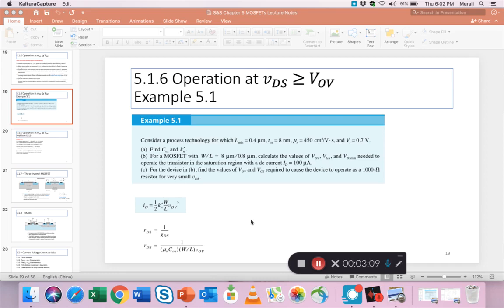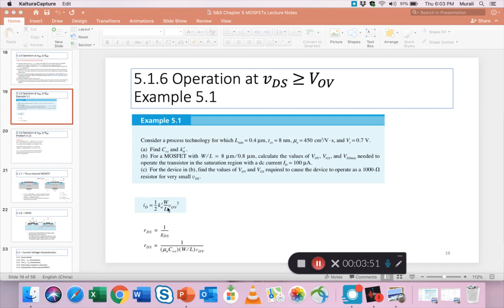So that's part A. Part B, we are given a particular DC current ID, and we are asked to calculate corresponding voltages, such as the over voltage and the gate to source voltage, etc. So this formula, ID equals half Kn prime W by L, which is the aspect ratio, multiplied by the over voltage squared. You remember, over voltage is the difference between the gate to source voltage VGS minus the threshold voltage VT, right?